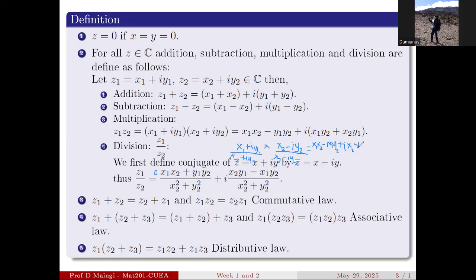So far, so good? Yes, I believe. Then lastly, iY1 times iY2, what does it give you? Well, it gives you minus, I'll just write it down. Minus i times i is i squared, right?